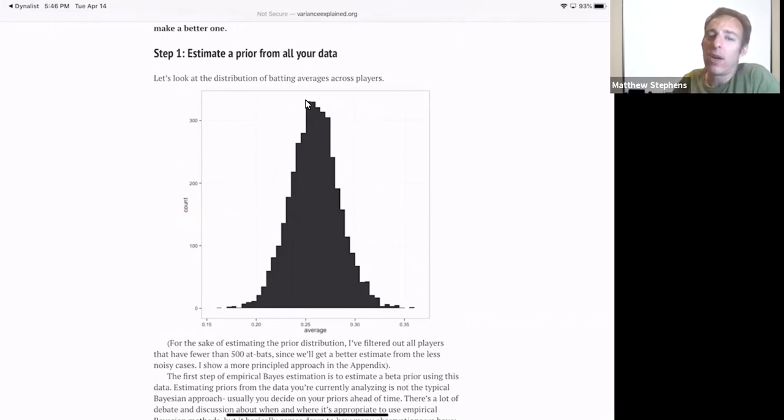Notice that we're estimating the prior from the data. That's why the approach we're going to look at is called empirical Bayes, because we're using the data to estimate a prior. Keep that in mind as well.